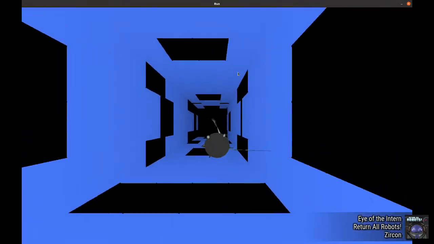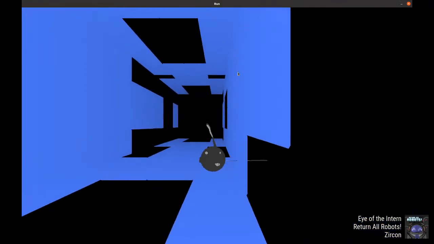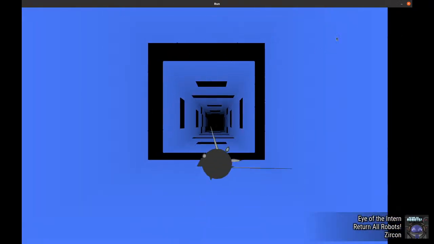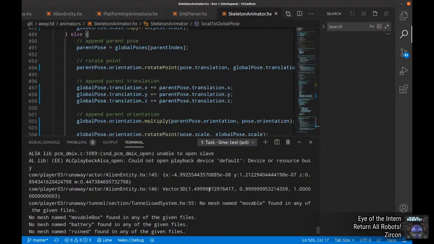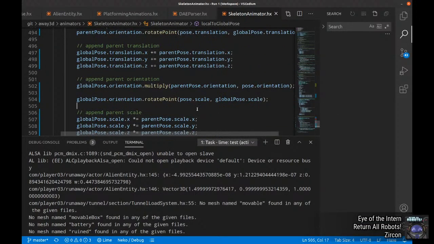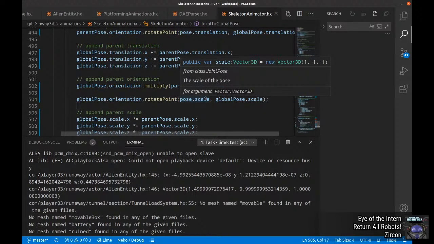Even more wrong. But I don't know what's like. It's very hard to keep track of why it's so wrong.